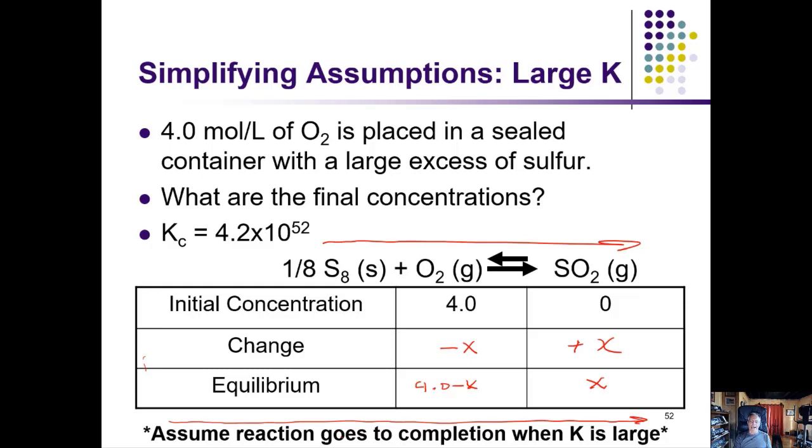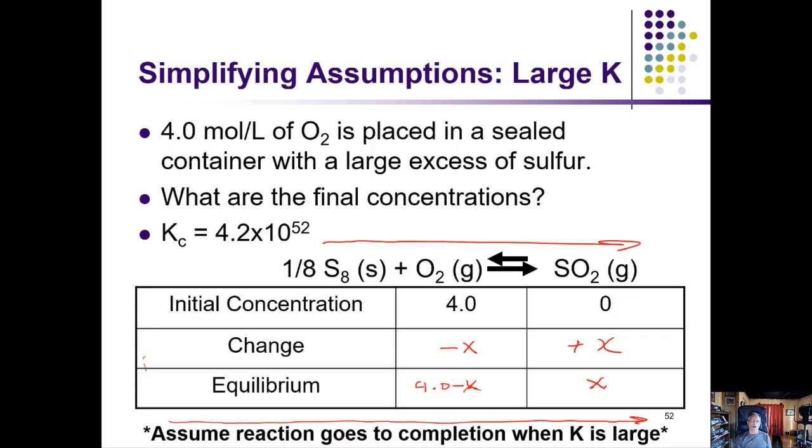Since my reactant concentration initially is 4, if it goes to completion, that means that my product concentration at the end of it should also be 4. And this concentration should be unmeasurable to any reasonable degree of instrumentation that permits me to measure really small concentrations. Certainly in a wet chemistry lab, not something you'd be particularly concerned with.